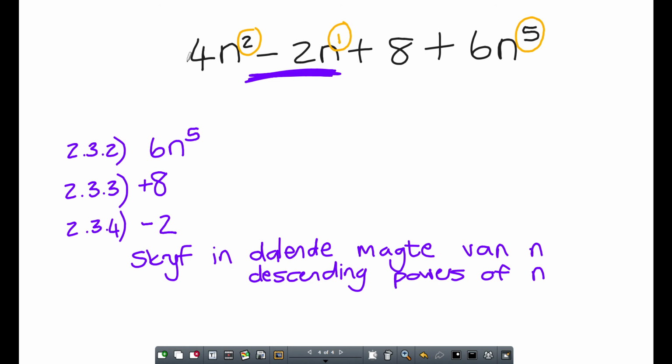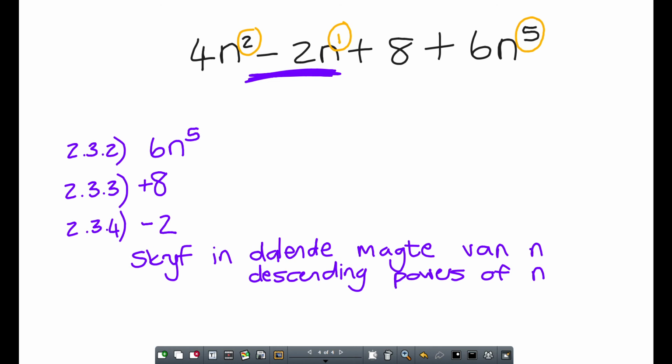You always look at the sign in front. Moet ek daar 1 bysit? Nee, nie nodig nie, hè? Mooi. Okay, right.